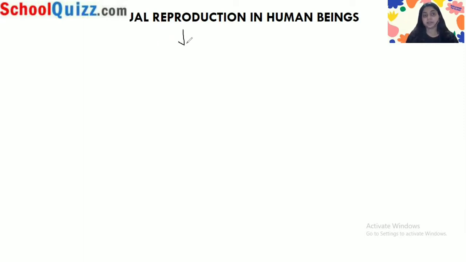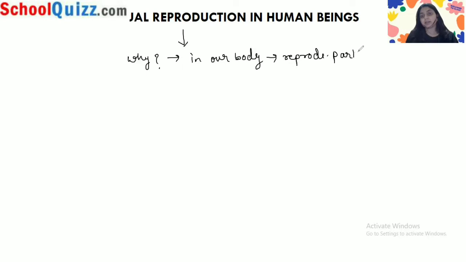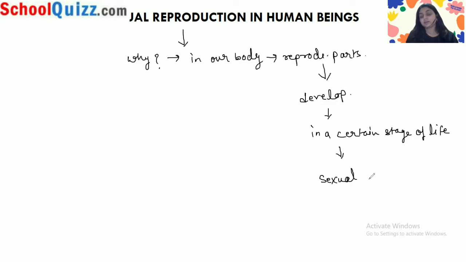Yes, there is a certain life stage for sexual reproduction in human beings, because in our body there are reproductive parts, and these parts develop in a certain stage of life, which we can call sexual maturity. When the body parts are capable enough to reproduce, then the reproduction works, okay.